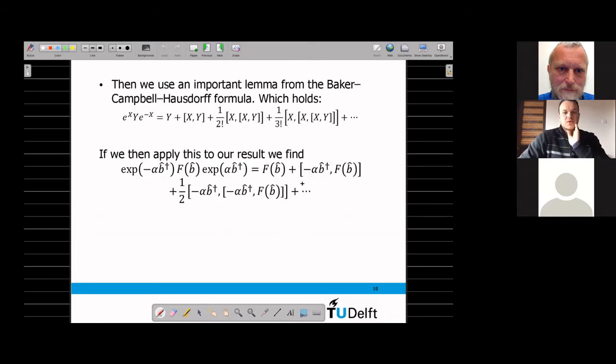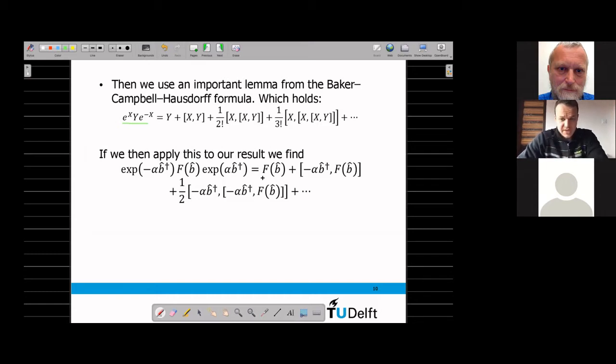So the lemma that we're going to use is the Baker-Campbell-Hausdorff formula. It states the following: if we have this expression, it is equivalent to a very long sum of commutators between x and y. So x was minus alpha B dagger, and y is f of B. We simply replace our x and y values in the formula.